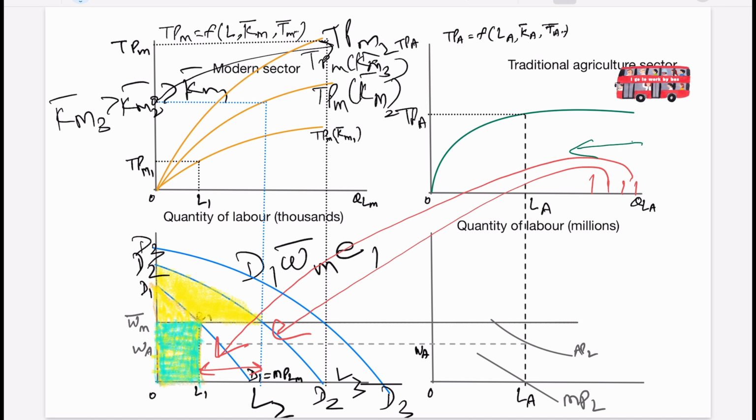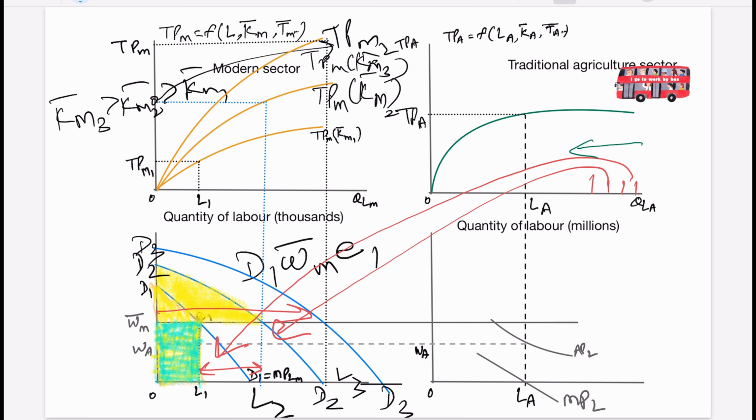I am moving workers from agriculture to industry, and the size of the industrial sector is increasing. This is exactly what we wanted for the structural transformation. We are increasing the industrial sector in the economy by transferring surplus workers from agriculture to manufacturing.